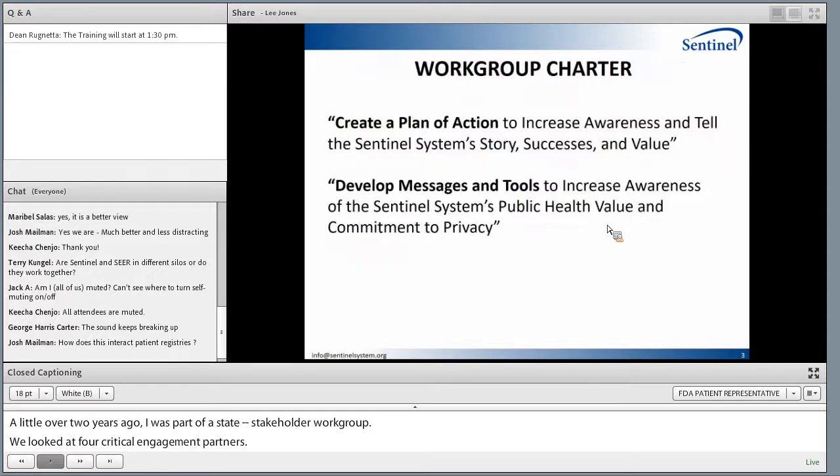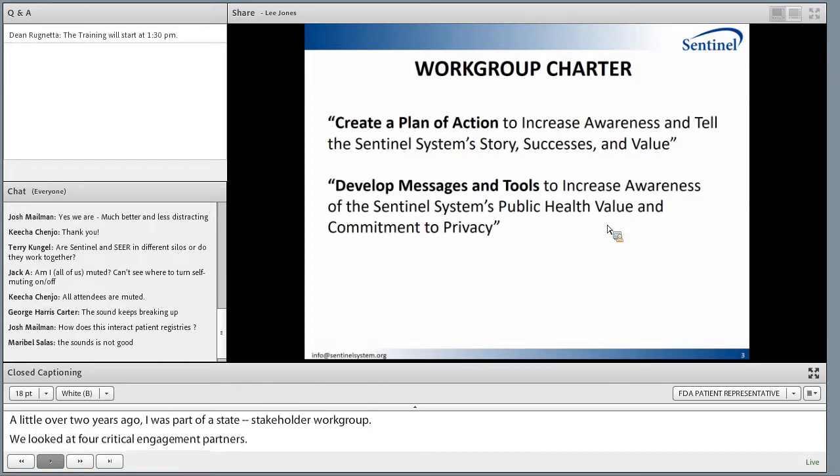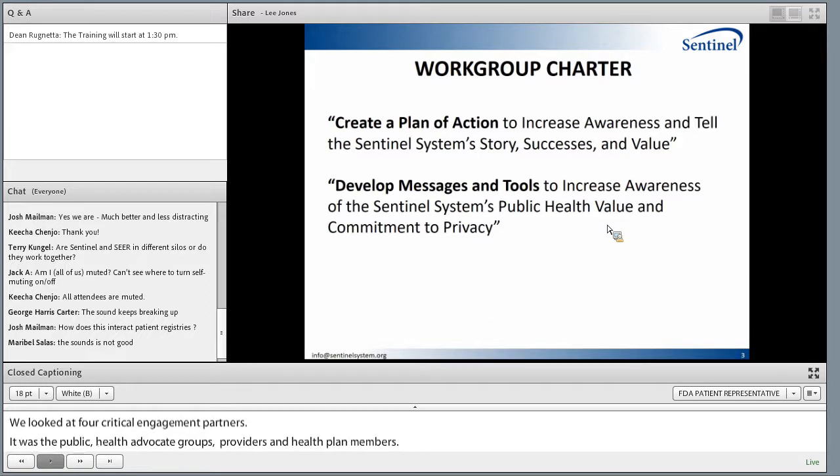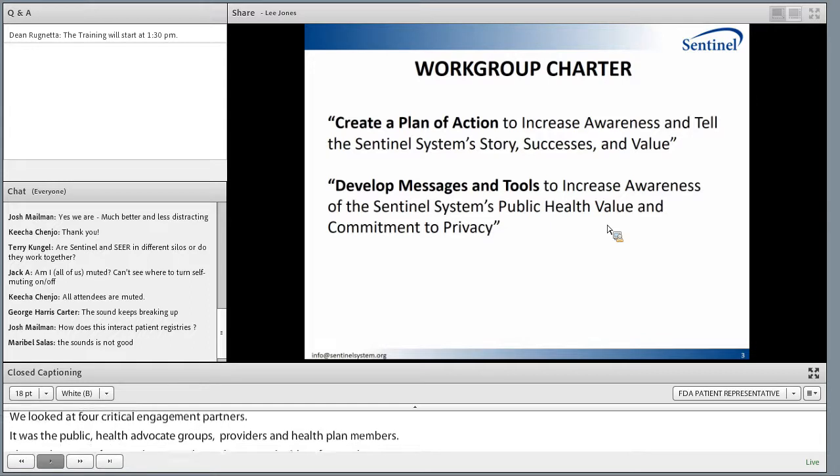The goal of the work group was to inform each of these groups about this invaluable safety tool, how it works, as Tyler has described, and the commitment by FDA to protect patient privacy.